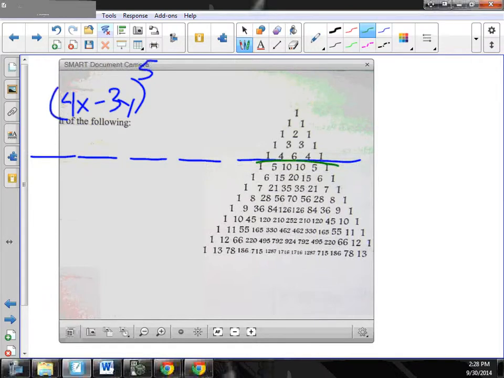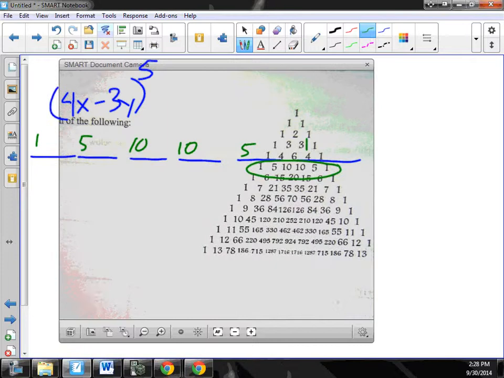Row 5 has 6 terms. So my coefficients are 1, 5, 10, 10, 5, 1. Okay? So now we have to look at our a term.